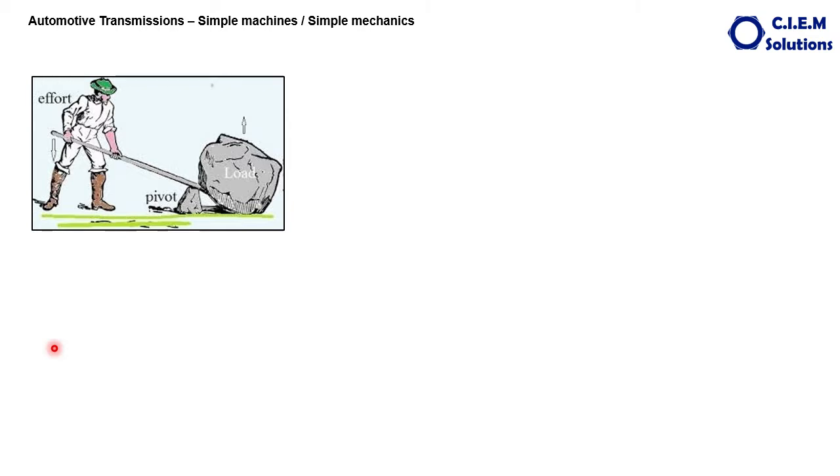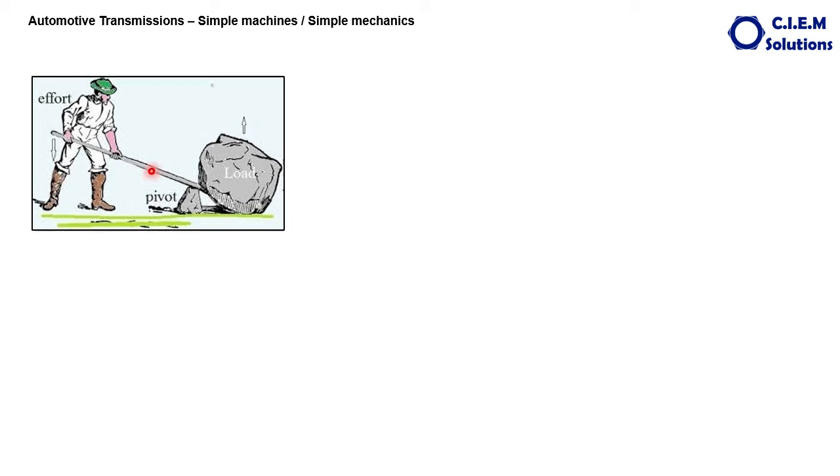I will also be covering torque and speed in this video. Friends, before talking about the transmission or gearbox in a vehicle, let us spend a few minutes on these slides which explain the simple machines or simple mechanics in mechanical engineering.